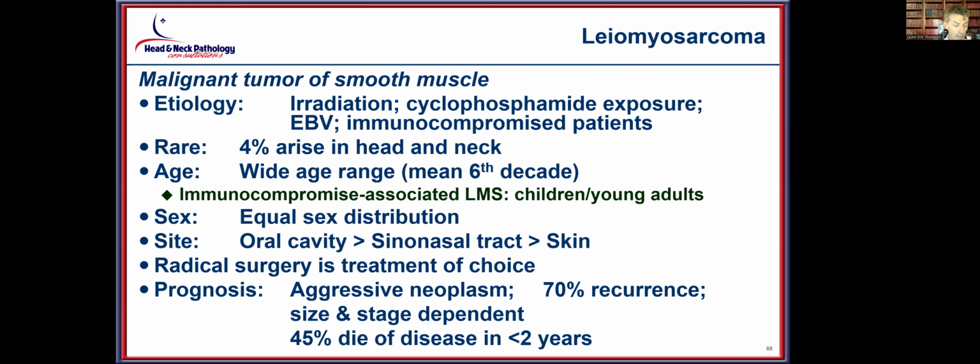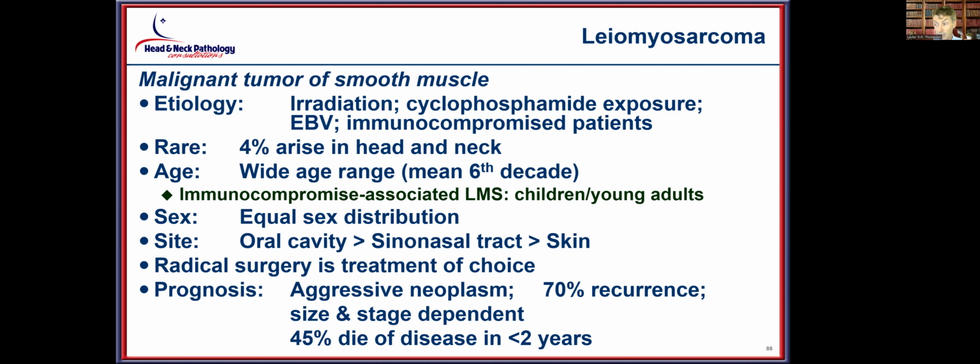Leiomyosarcoma, as you are well aware, can be associated with irradiation or even cyclophosphamide exposure, EBV, immunocompromised patients. I will say that the EBV-associated spindle cell tumor has actually been kind of separated out now. There certainly are leiomyosarcomas that are EBV-associated, but I think the EBV-associated tumor group should probably be viewed as its own entity, especially when it is in the immunocompromised category.